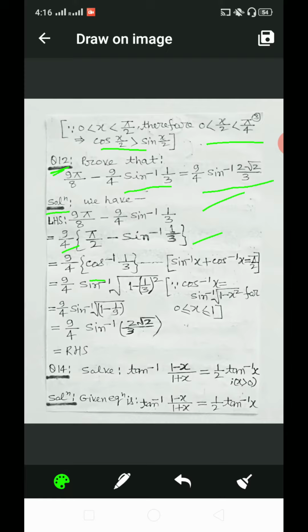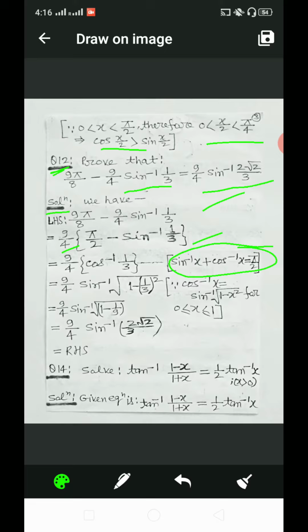Dear students, we know the property sin inverse x plus cos inverse x is equal to pi by 2. So on the basis of this, pi by 2 minus sin inverse 1 by 3 equal to cos inverse 1 by 3.